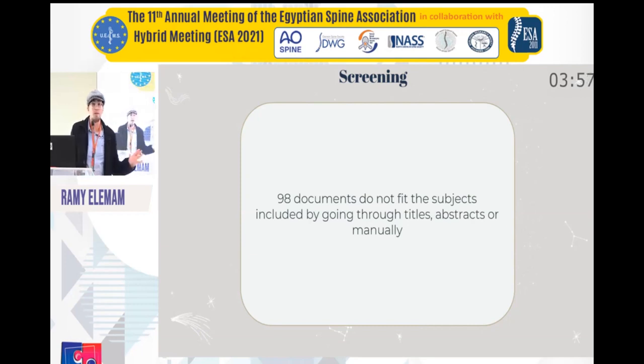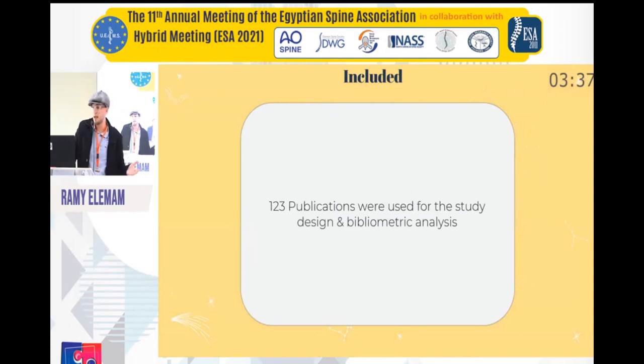This can often happen because when including key terms such as posterior and ligamentous and complex and injury, thoracolumbar and such, sometimes it can include things that are completely unrelated to the topic that we're talking about. Some of them were even ENT related. And as such, 123 publications were used for the study design and bibliometric analysis.